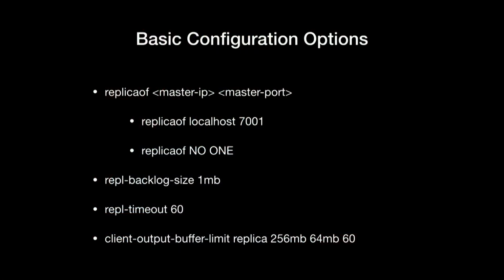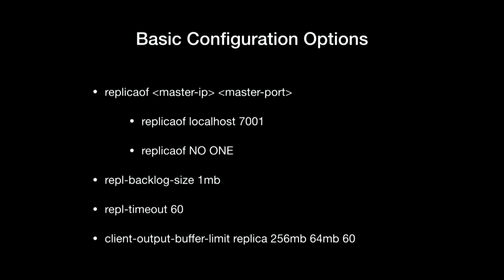So now that we understood the replica backlog, I want to quickly go over some of the key configuration options. So first, how do you make yourself a replica of someone? Let's say we have two Redis instances. One is running at port 7001 on the localhost, and a second one, let's say I'm running at 7002.